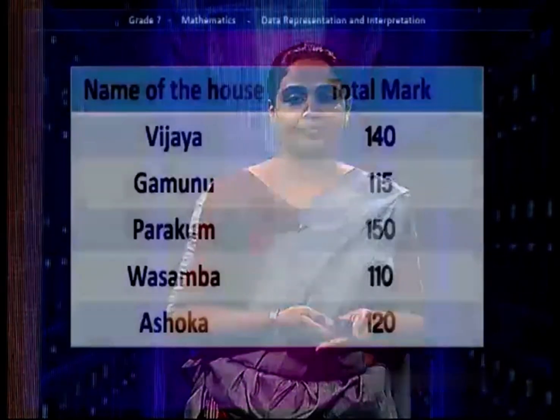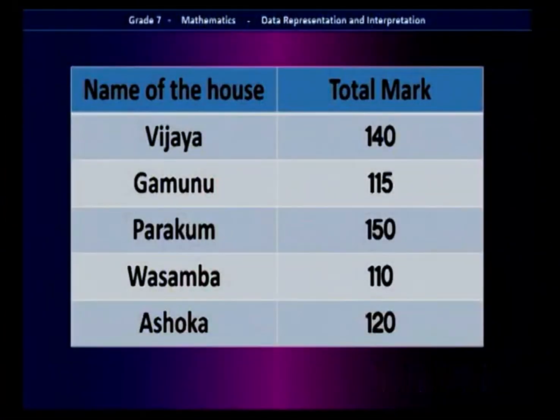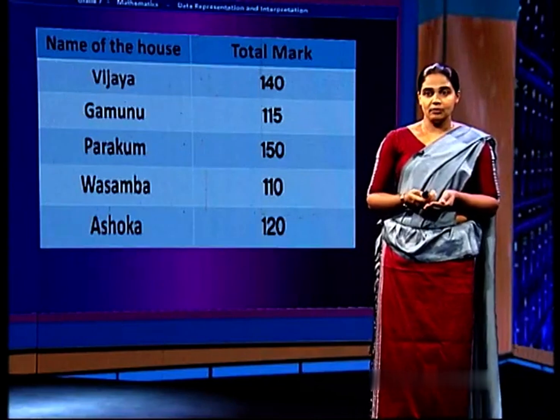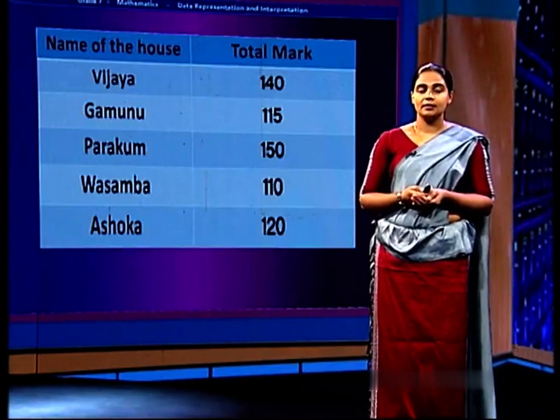First of all, let's see what the information is. Can you see? There are 5 houses. What are they? Vijaya, Gamunu, Parakum, Vasamba and Ashoka. We know it is easy to use a table. Then we can read the information, name of the house and total marks.